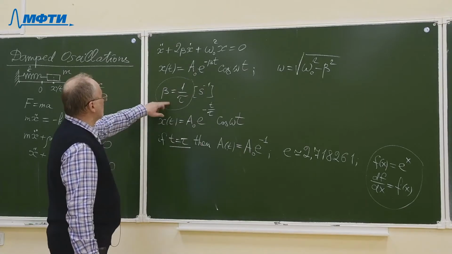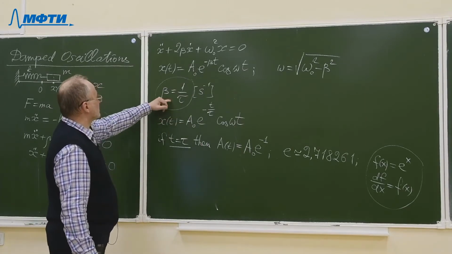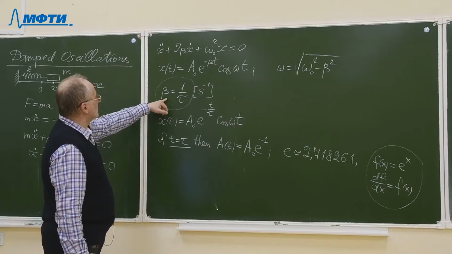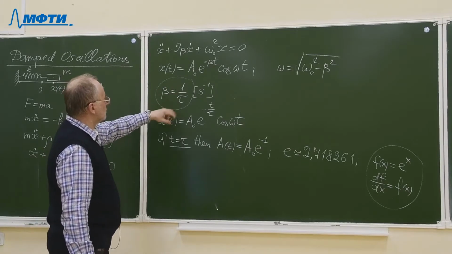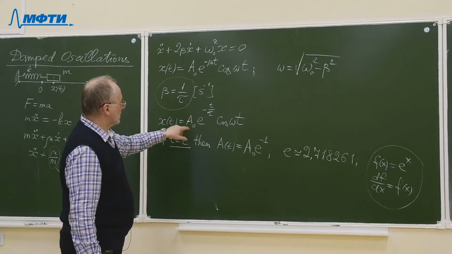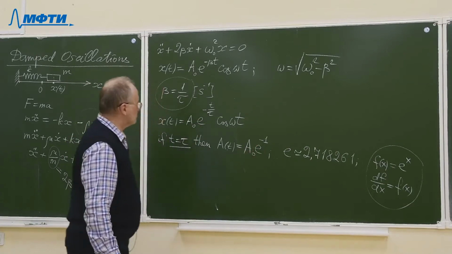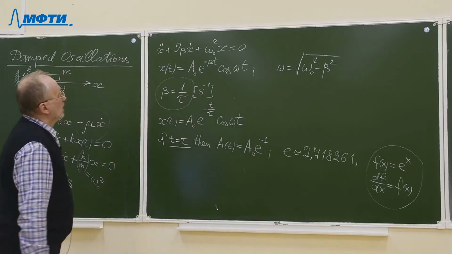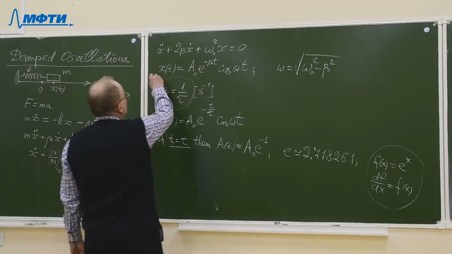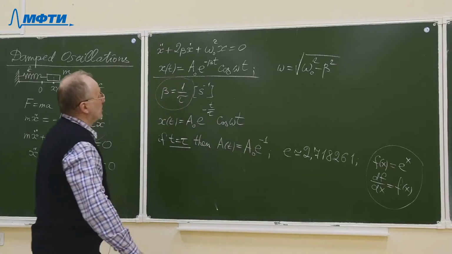So what is beta now? We know the physical sense of the beta. This coefficient is the reciprocal of the time interval during which the amplitude is reduced by a factor of e, where e is such a constant. Can we draw a graph of such function?